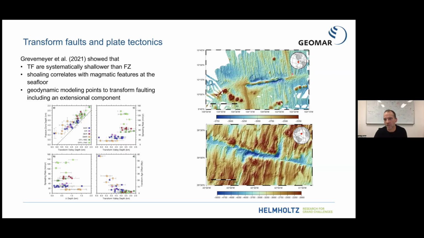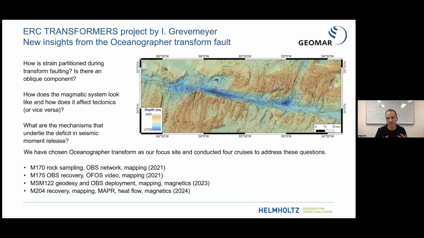But what happens is when it passes the opposing ridge transform intersection, there seems to be a rejuvenation event or magmatic addition event. Something is happening and we get an anomaly in the subsidence rate, and the fracture zones are always shallower than the active transform faults. And that is a feature that occurs over all spreading rates. It scales a little bit with age offset, as so many things do at transforms, but that is basically the background.